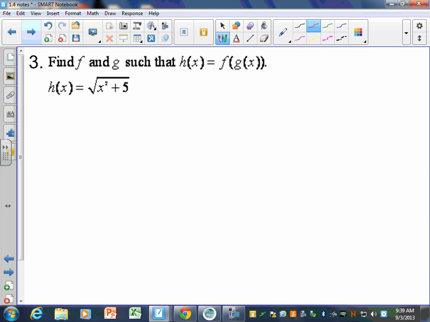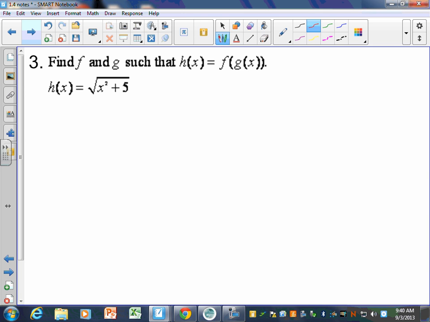You could cheat every time and say that one function is just x and the other function is what you have there because that's what you get back. But on the test, I like to put in the directions that one function is not allowed to be x. You have to make it two separate functions, more complicated than that.